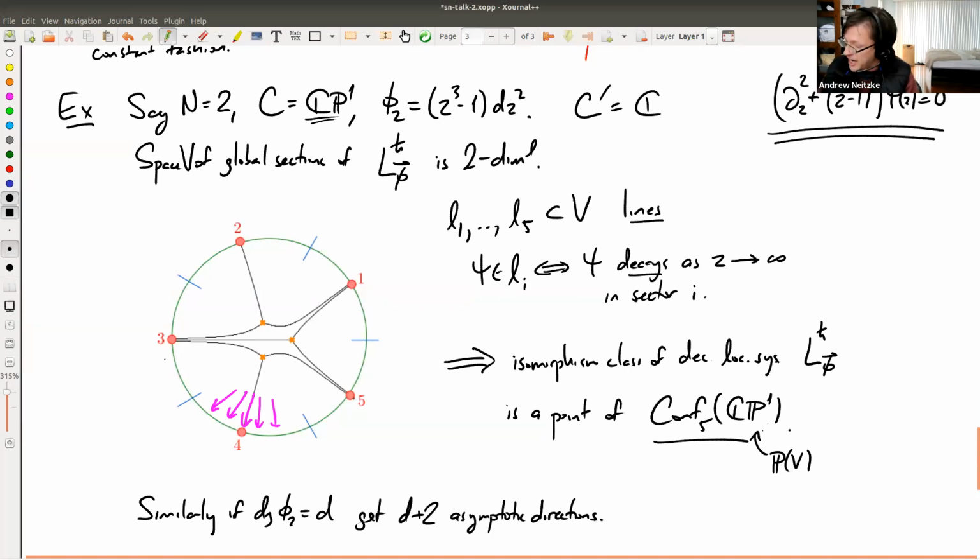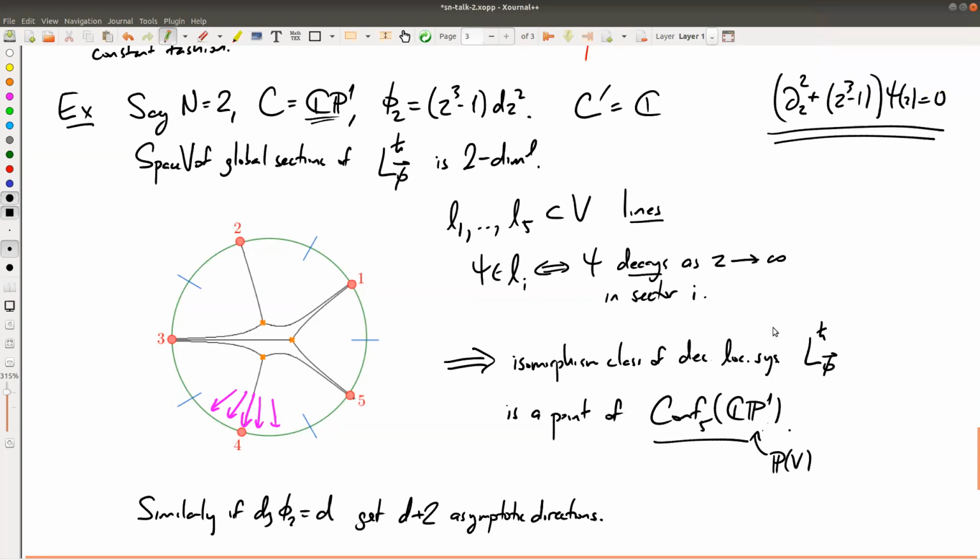If you look at it on the real line, you could get some real structure, but then there's no reason why the solutions which are exponentially decaying in these complex directions should respect that real structure. So you just have a complex 2-dimensional space of solutions. There's some variant of this having to do with harmonic maps where you get configurations in RP1, but in this version, it's just CP1.